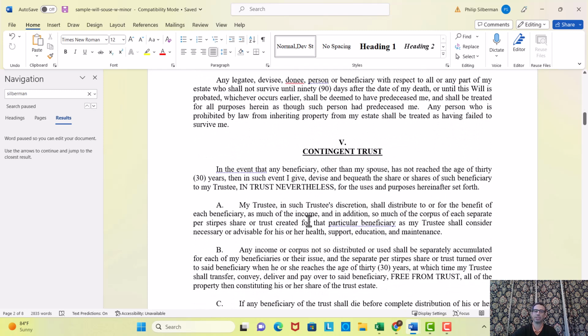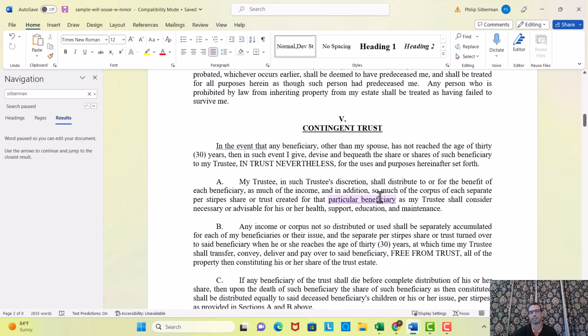Then we get into the contingent trust section. This is very important because let's say maybe wife predeceases husband, and then husband leaves his assets to his children. But if the children are still minors, or let's say they're 25 years old and really they're not mentally mature enough to manage property.